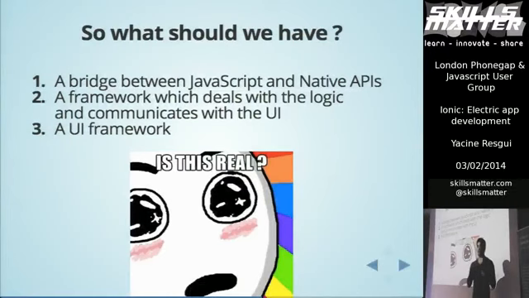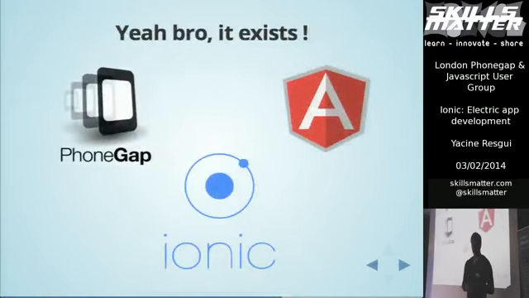You have the logic system. For me, it's AngularJS, because Ionic works well with AngularJS, but they're already thinking about support for Backbone, Ember, and all the others. And in the end, you have a UI framework. So yeah, this solution exists. And basically, tonight, my presentation is already nearly at the end, but I will focus more on Ionic.